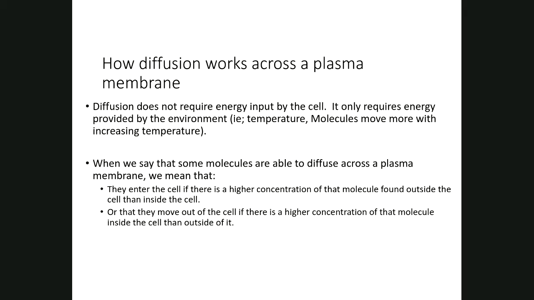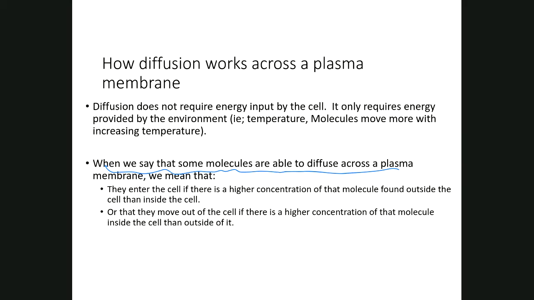Okay, and here's important. When we say that some molecules are able to diffuse across the plasma membrane, we mean that they enter the cell if there is a higher concentration of that molecule outside of the cell. So what I'm trying to say is the molecules will always follow the concentration gradient, right?